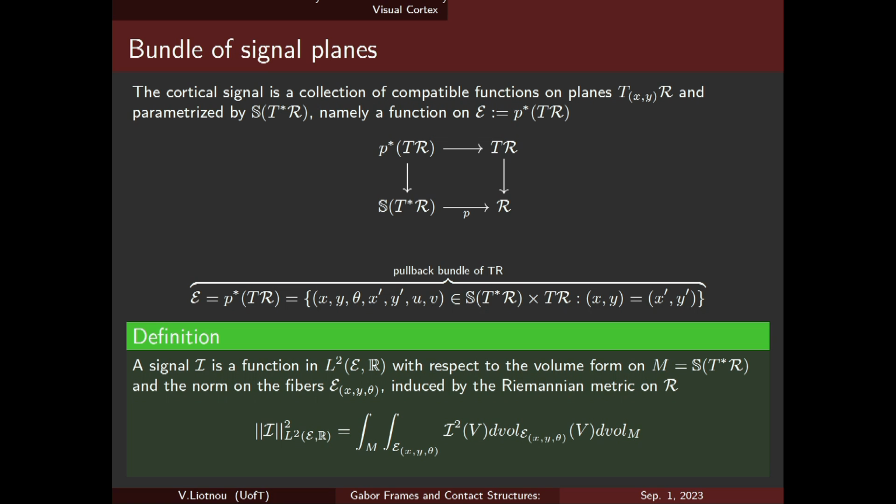That way, the functions eat vectors of the retina, but they are actually parameterized by both position and orientation. And a signal will be a function in L2 of this pullback bundle, the epsilon bundle, with respect to the volume forms induced by the Riemannian metric, where first we integrate fiber-wise and then we integrate over the whole manifold.